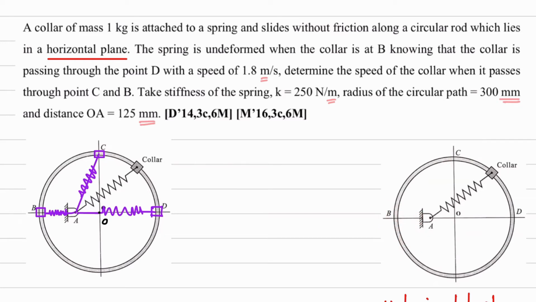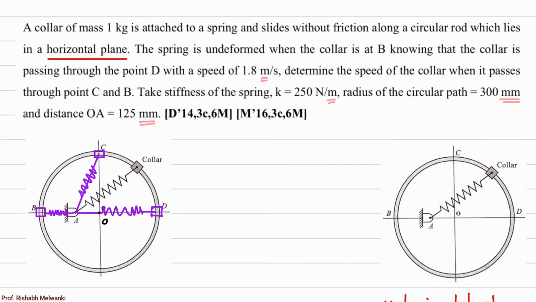Obviously, from the diagram you can easily understand that the undeformed length is less, and this distance is more and this distance is also more. So the spring is under tension, so the spring will be elongated. So how to calculate deformation in that case? It will be the total length of the spring minus the free length of the spring, or undeformed length. So I'll solve this question now.